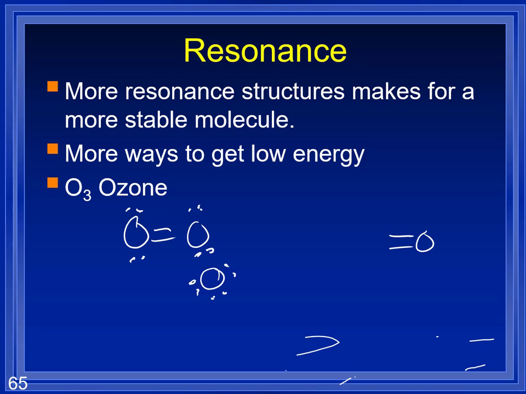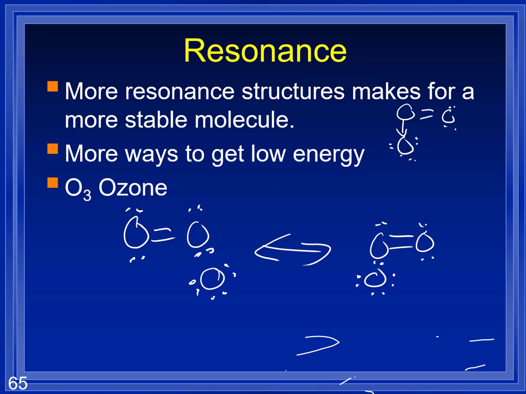So it could have done it to that end as well. So another way of drawing this would be with the double-headed arrows. So that's how ozone forms, and there's the 2 forms of it.